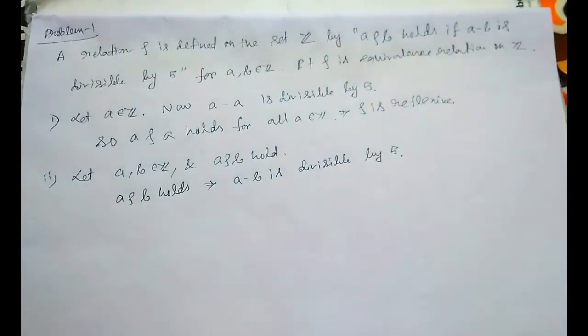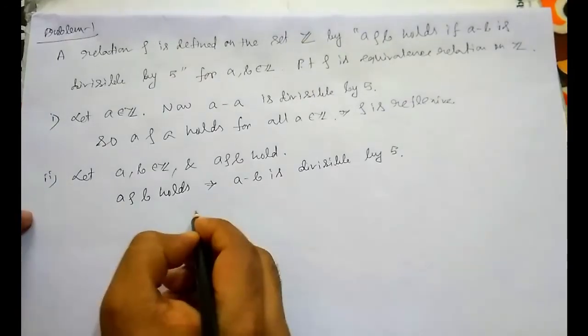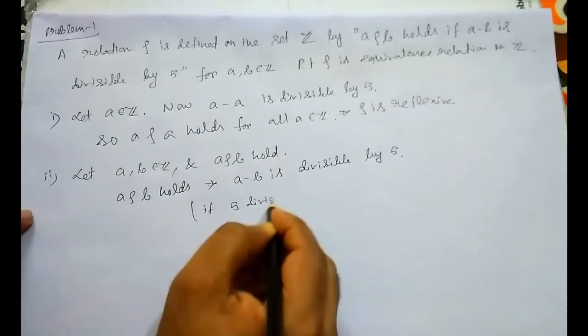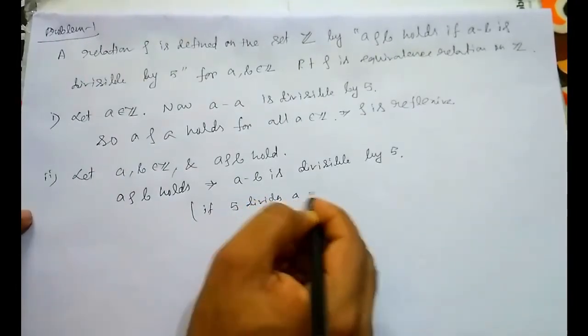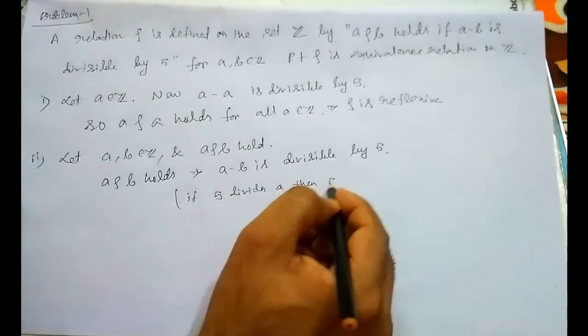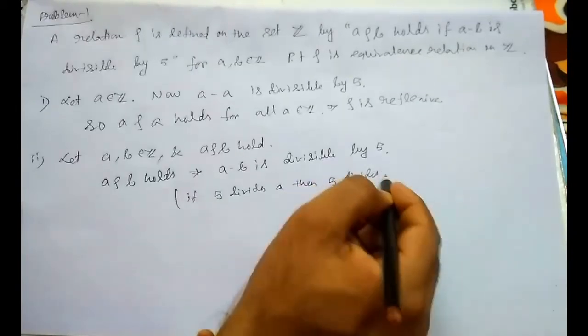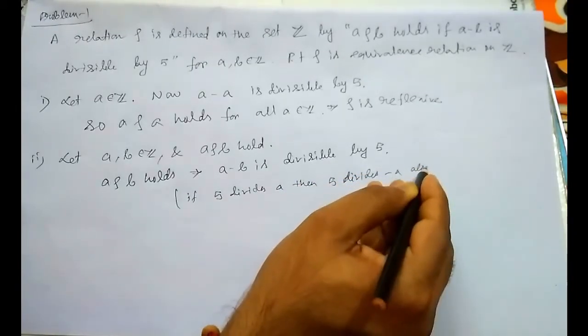If 5 divides a number, whatever it is, positive or negative, if 5 divides a, then 5 divides minus a also.